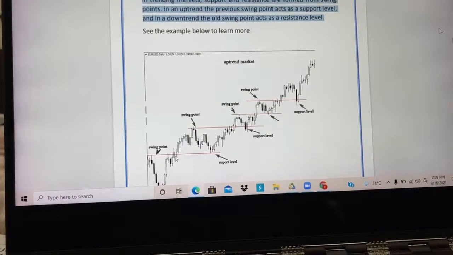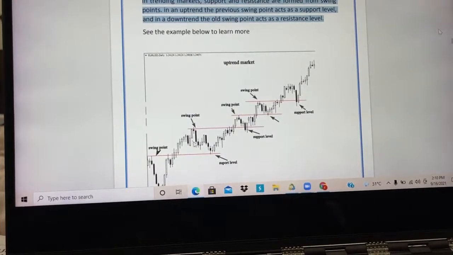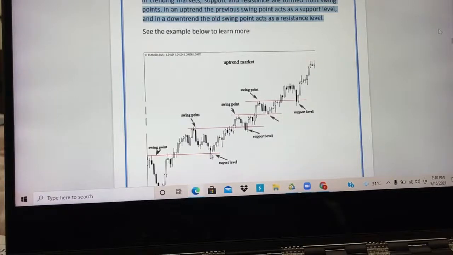Now, the support, they also consider it as the floor of the market. So how do you identify the floor of the market? It's when you're seeing the candles dropping, going lower and lower, and then for some reason it no longer continues to go down.